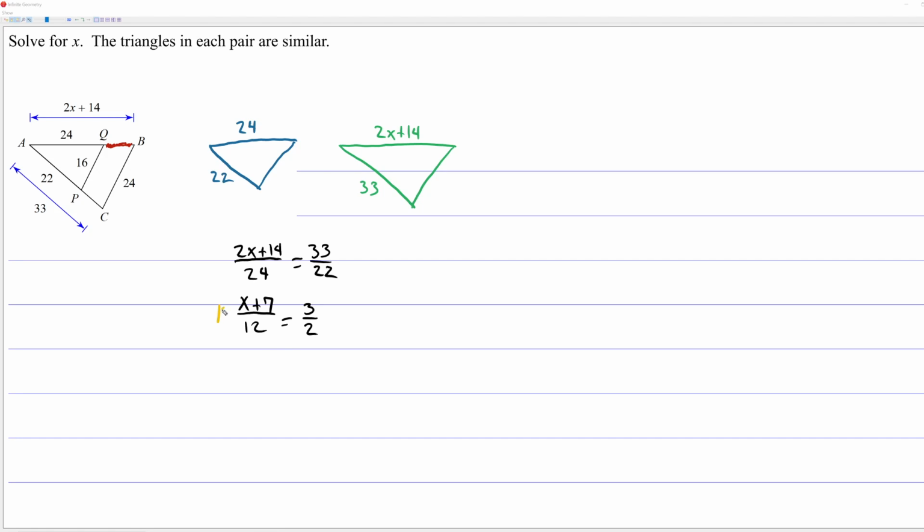If you multiply by 12 on both sides, that will do the trick. Because on the left-hand side, the 12s cancel. On the right-hand side, 12 divided by 2 is 6, and then times 3 is 18. So now if you subtract 7, 18 minus 7 is 11, and we're done. So this is how you deal with some more similar shapes. Hope this helped.